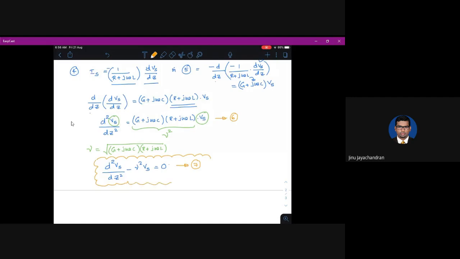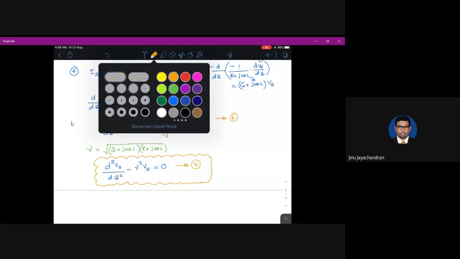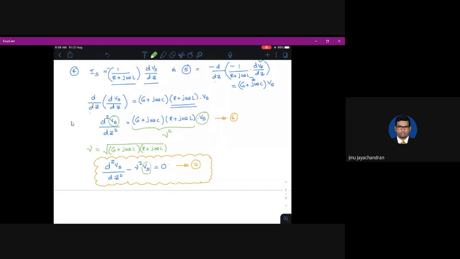So in a transmission line, the voltage will obey this equation: the second order differential of Vs minus gamma square Vs will be 0 at any point in the transmission line. You should remember the Vs term here is actually the phasor form. We haven't gone to the time domain form yet.